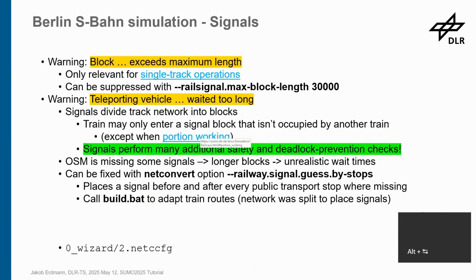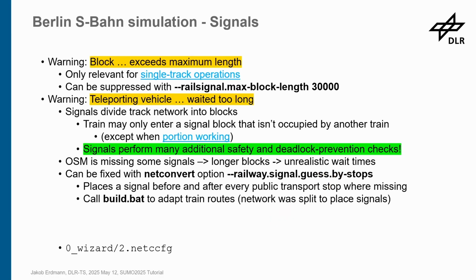We're going to set an option when we build the network. It's called railway signal guess by stops, and it just means that at every public transport stop we put in at least one railway signal at the entry and at the exit. So it's a heuristic to work around limitations in our OpenStreetMap data. There's another warning that I don't want to go into detail too much, warnings of the type block exceeds maximum length.